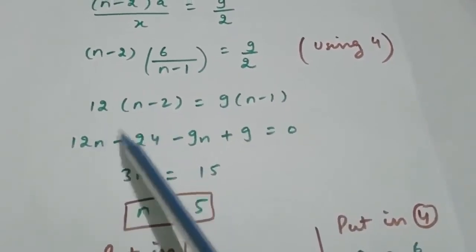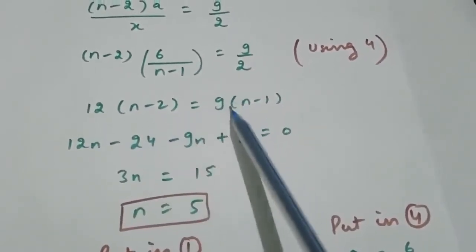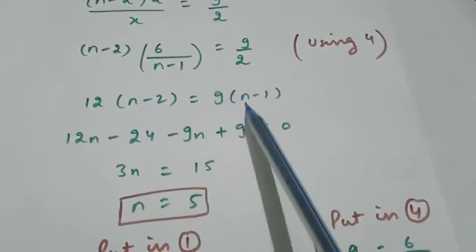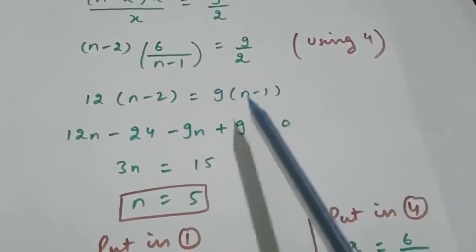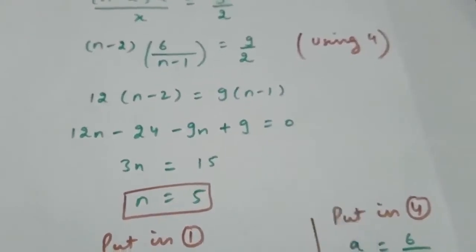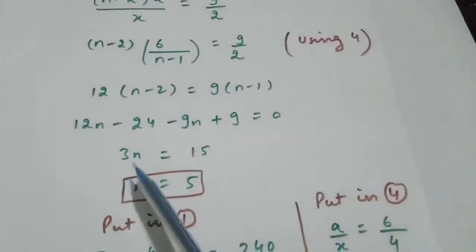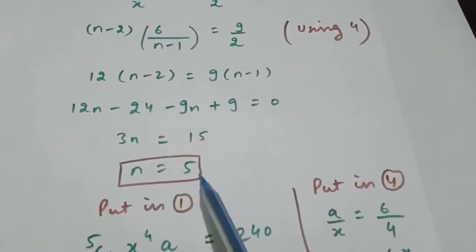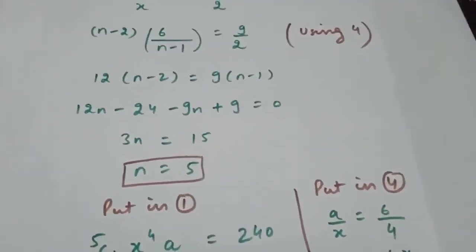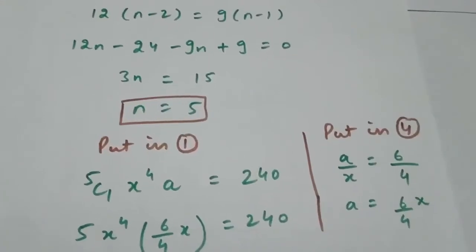So 12n minus 24 minus 9n, when 9n comes this side it will become minus, and this minus 9 will become plus, equal to 0. So after solving, you will get 3n equal to 15 or n equal to 5. Right? So we got the value of n.